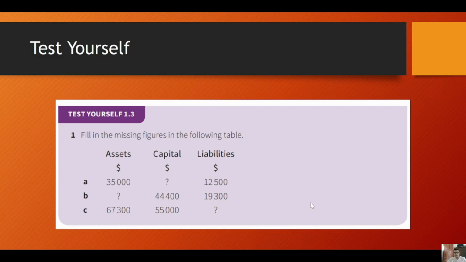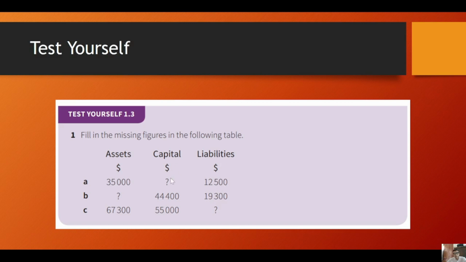Test yourself. Fill in the missing figures in the following tables. Assets must be equal to capital plus liabilities. So 35,000 is the assets, and 12,500 is the liability.